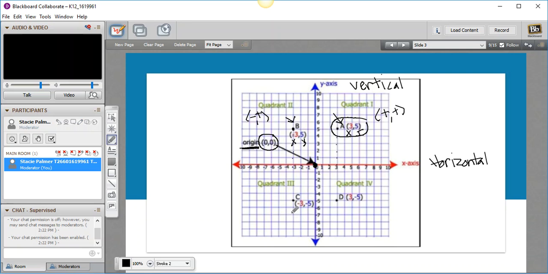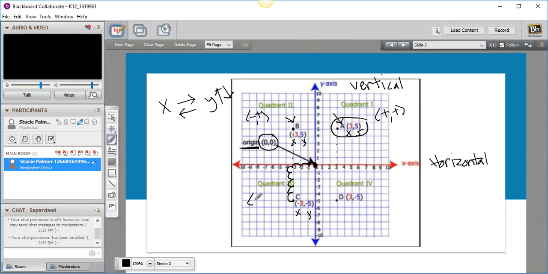Okay, so for quadrant 3, our x is -3, our y is -5, so that means from the origin, we're going to move 3 to the left, 1, 2, 3, and down 5, 1, 2, 3, 4, 5. And that gets us to point C, okay? So remember the x tells us how many we're going to move to the right or to the left, and the y tells us how many we're going to move up or down, okay?